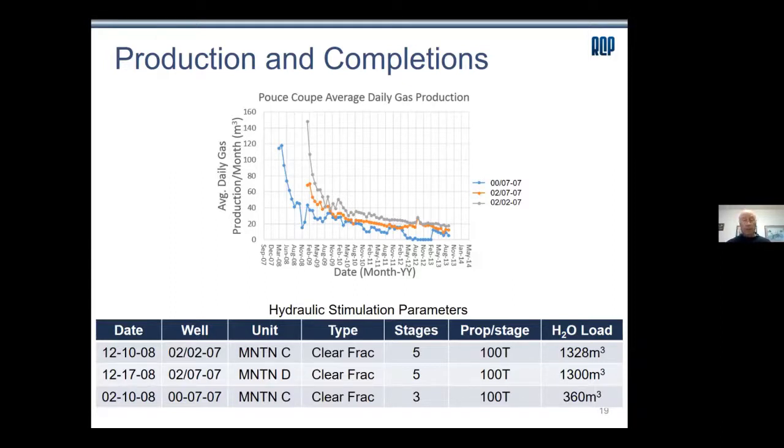In this case, I just want to indicate what the hydraulic fracture parameters were. We're dealing with 5 stages, 100 tons per stage of fluid induced in each of those stages.